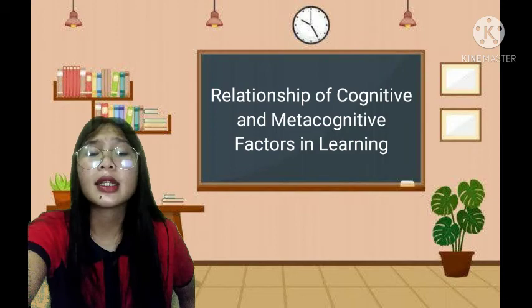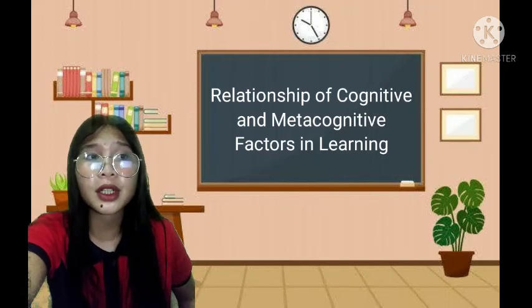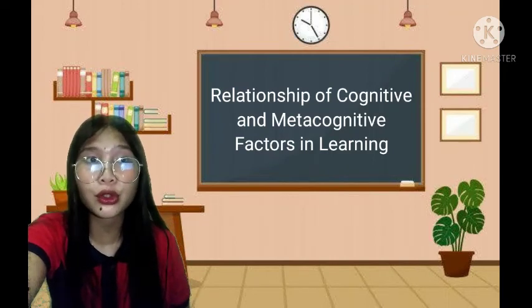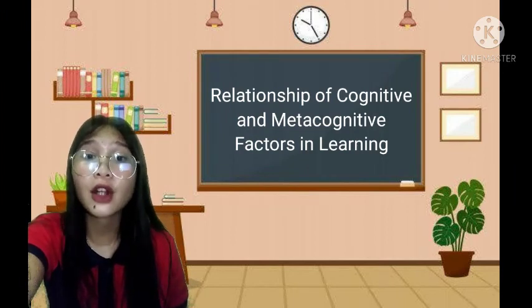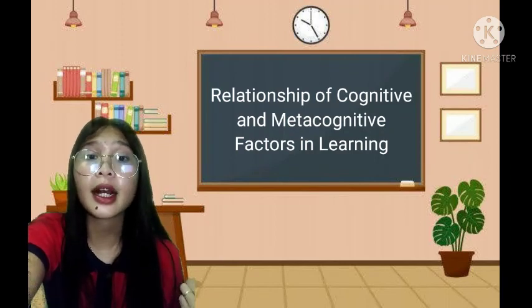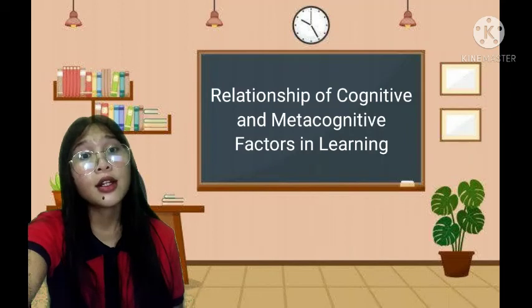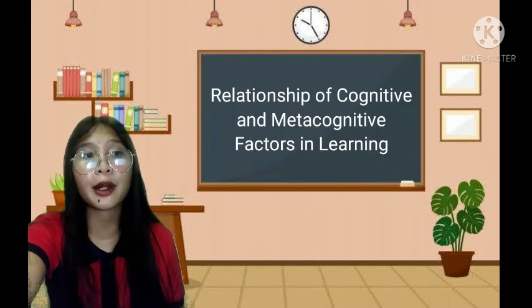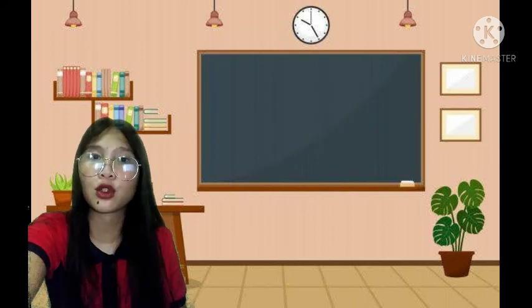And lastly, the relationship of cognitive and metacognitive factors in learning. They understand and can use a variety of strategies to help them reach learning and performance goals and to apply their knowledge in novel situations.